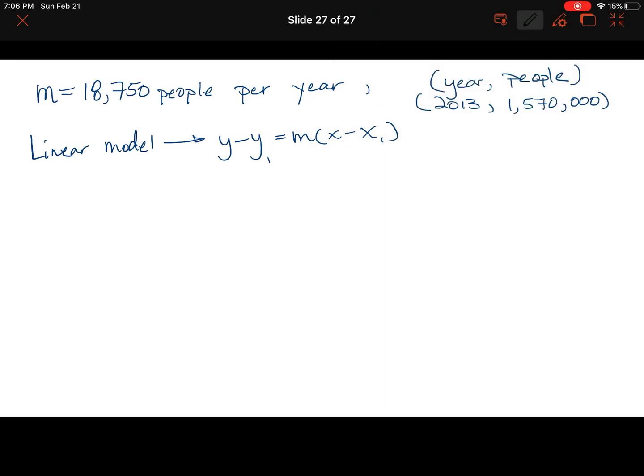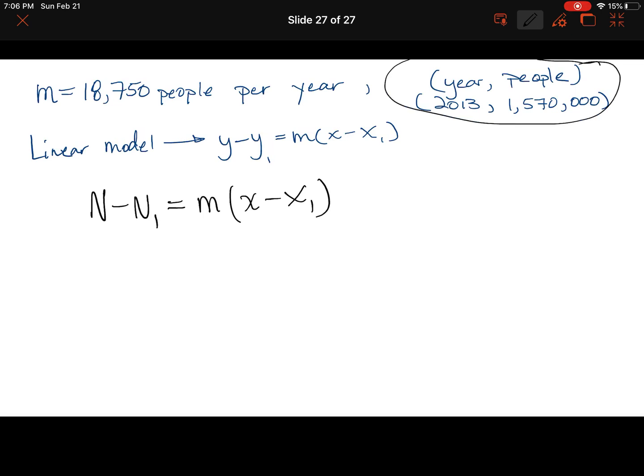So we have n minus n1 is equal to the slope times x minus x1. Don't let the change in the variable mess you up. We already found the slope, and the year that I chose was year 2013. So just look right up here, year 2013. My x value is 2013.